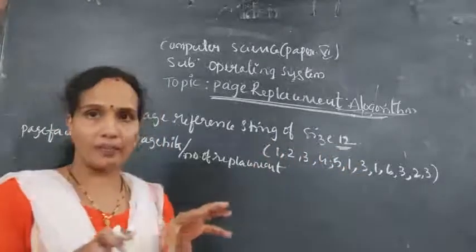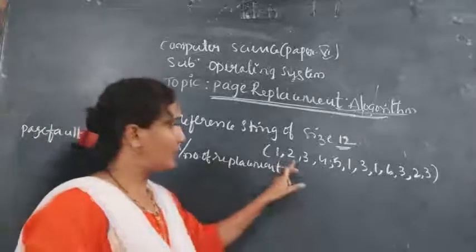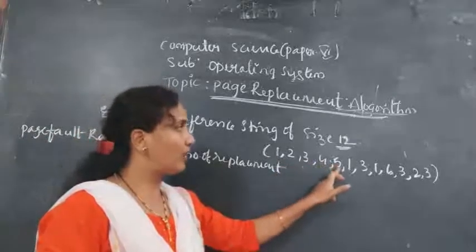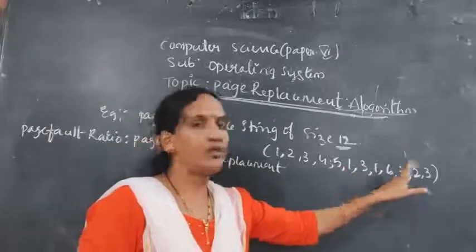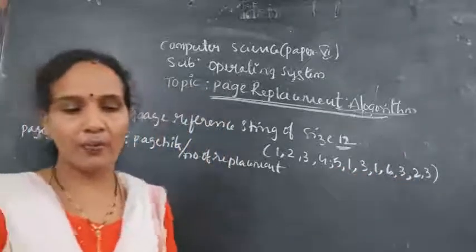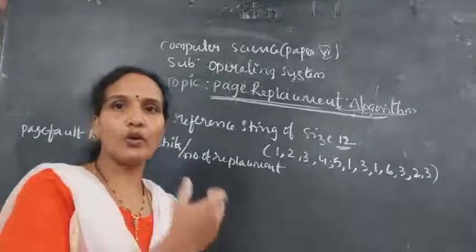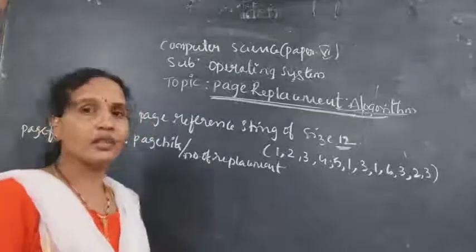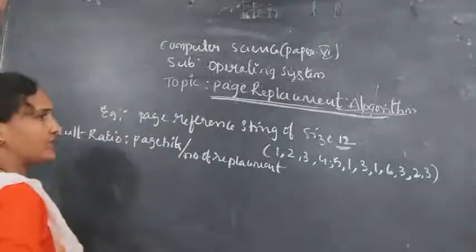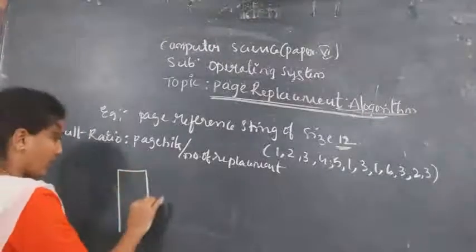Next, what are the pages? The page numbers are 1, 2, 3, 4, 5, 6, 7, 8, 9, 10, 11, 12. So in total we have 12 pages, and those pages should be loaded into the main memory. Here I am taking the main memory size as 4 frames.